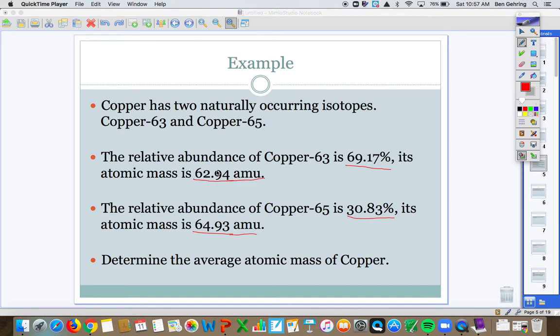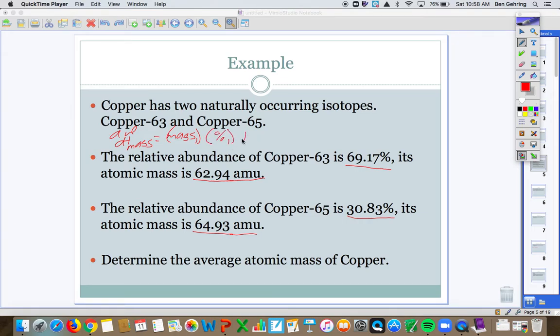To determine the average mass of copper, we said we needed a mass and a percentage. So your average atomic mass is equal to mass 1 times percent 1.